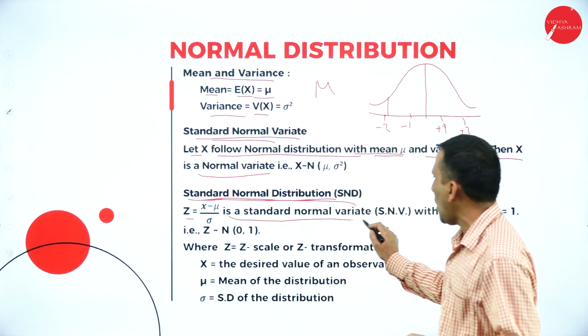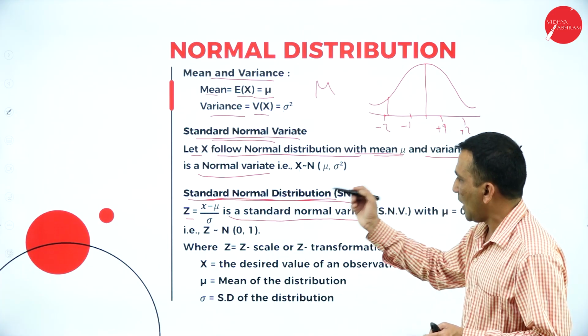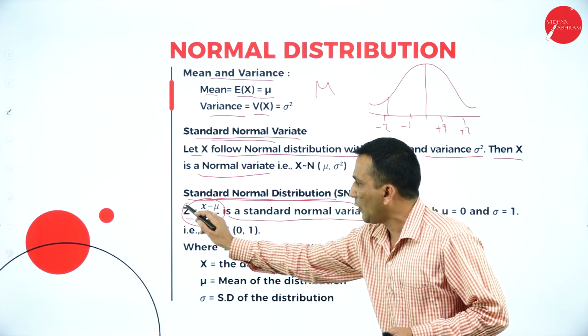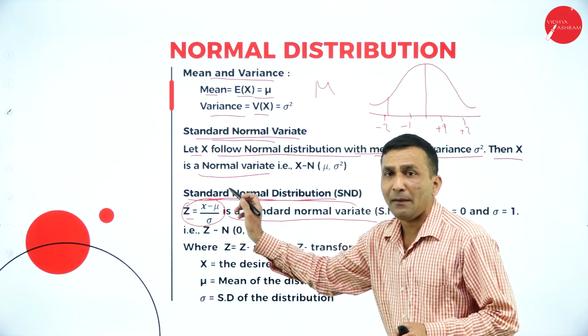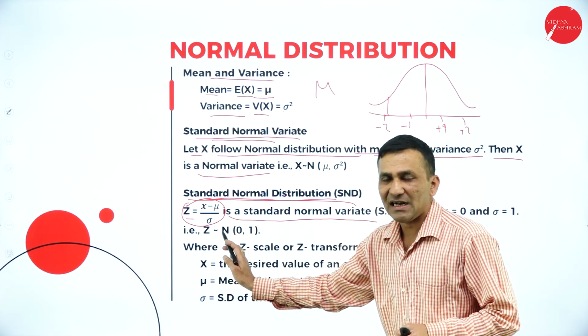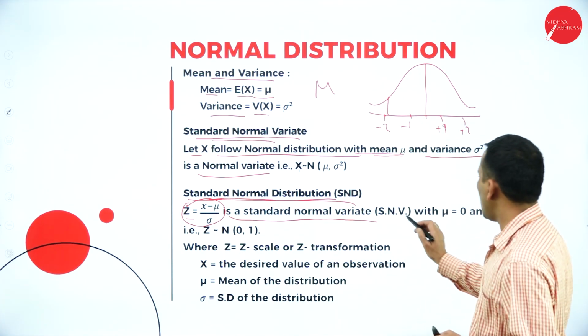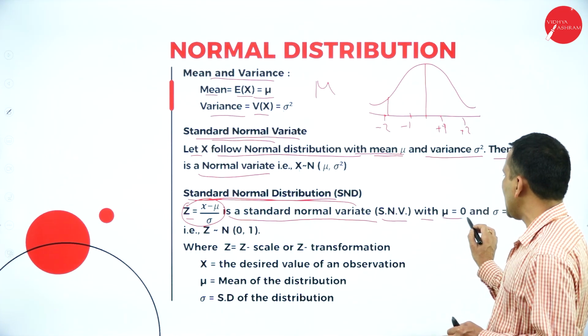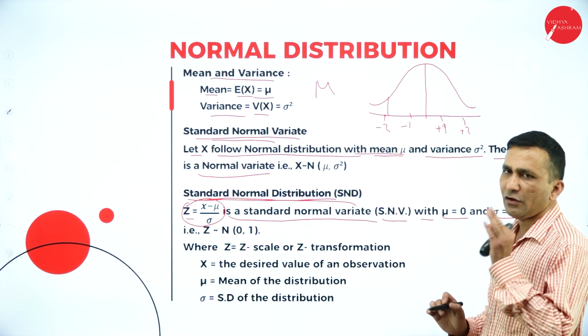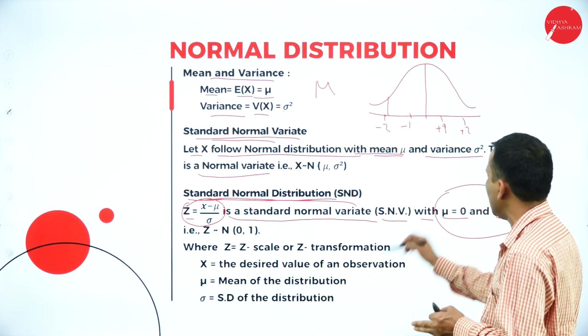This is a standard normal variate, and this formula is very important. From the x value we subtract the population mean and divide by the standard deviation. The standard normal variate always has mean mu equal to 0 and standard deviation equal to 1; you must remember this.